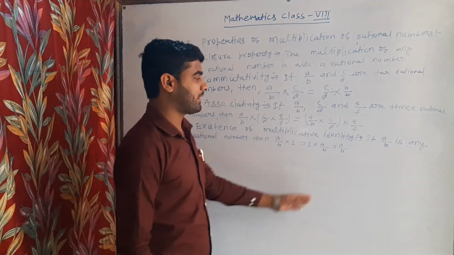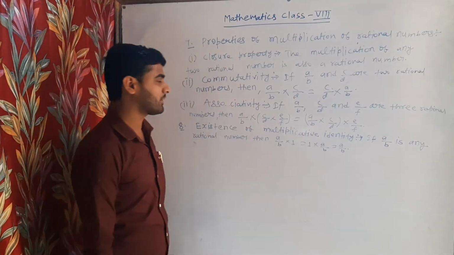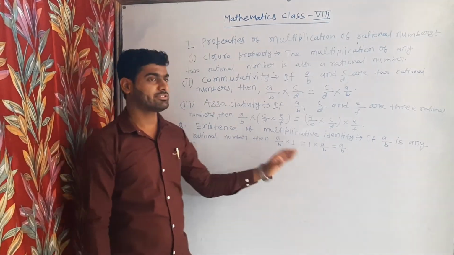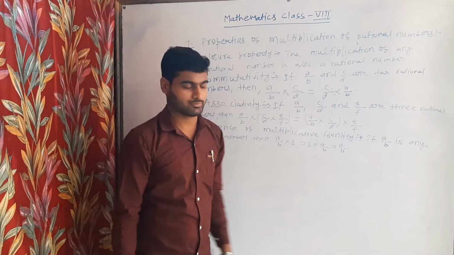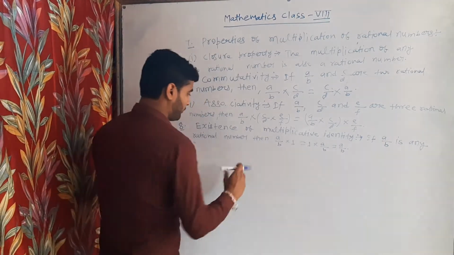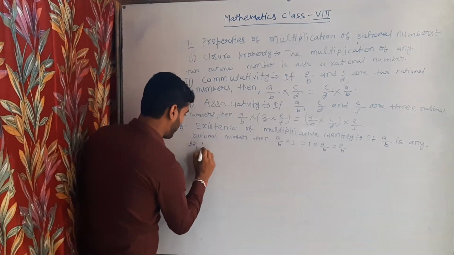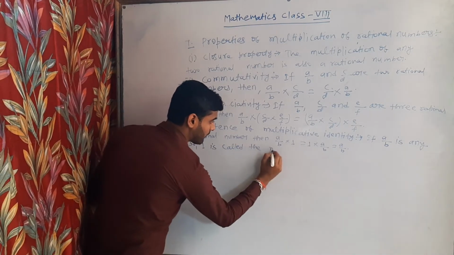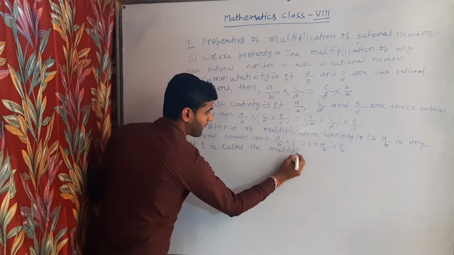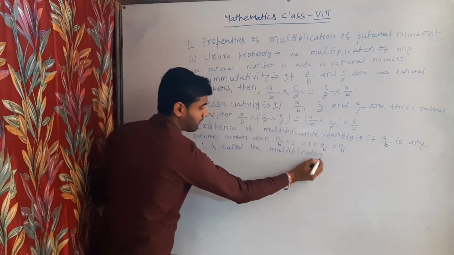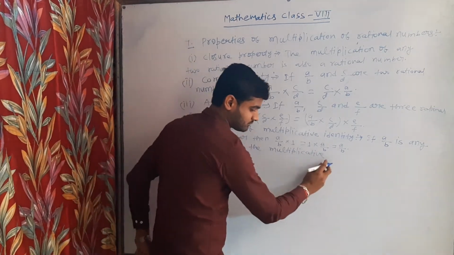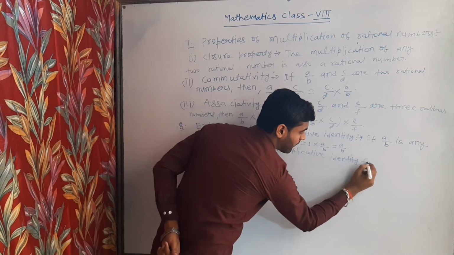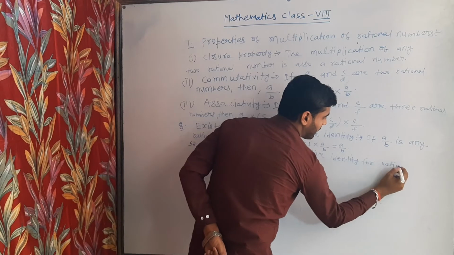Existence of multiplicative identity: if a by b is any rational number, that means any rational number multiplied by 1 is equal to the rational number itself. So 1 is called the multiplicative identity for rational numbers.